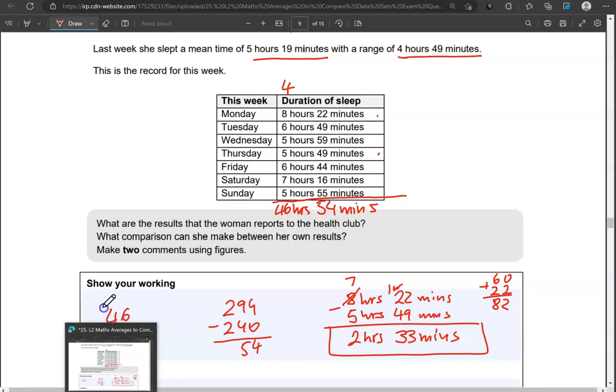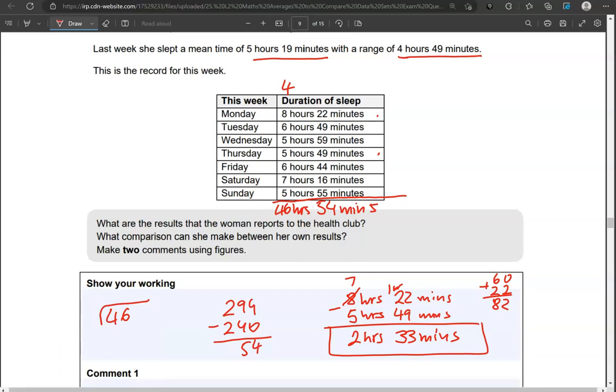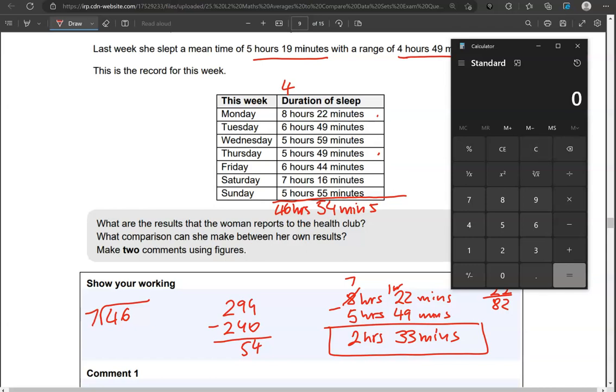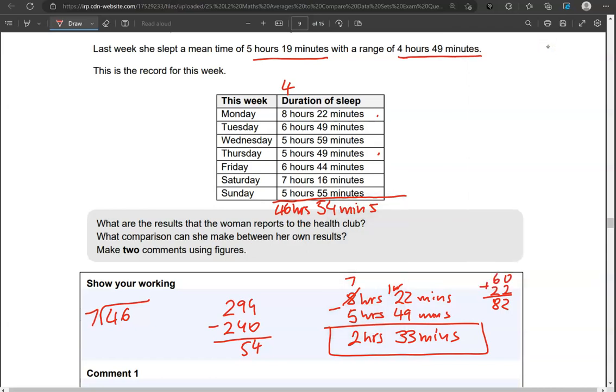I'll divide that by 7 because there are 7 days. So how many 7s fit into 46 is the question. That is 6 because 6 times 7 is 42. Then we have 4 hours remaining.